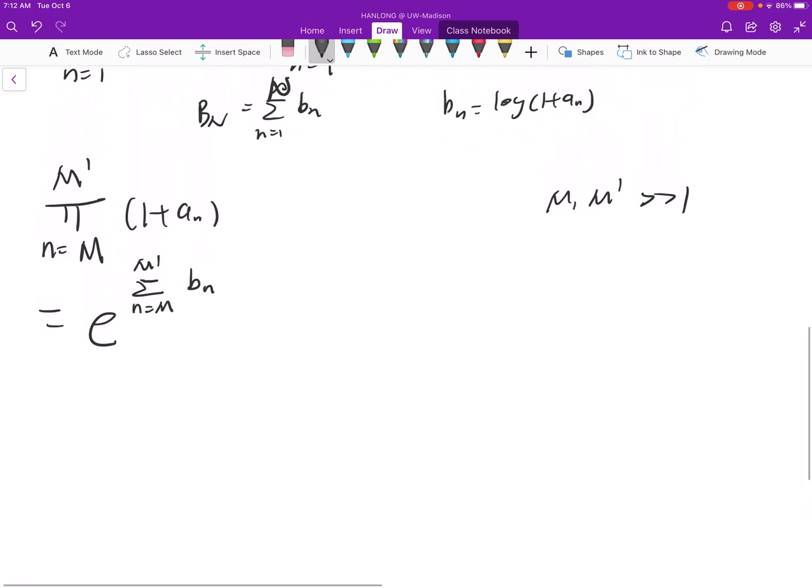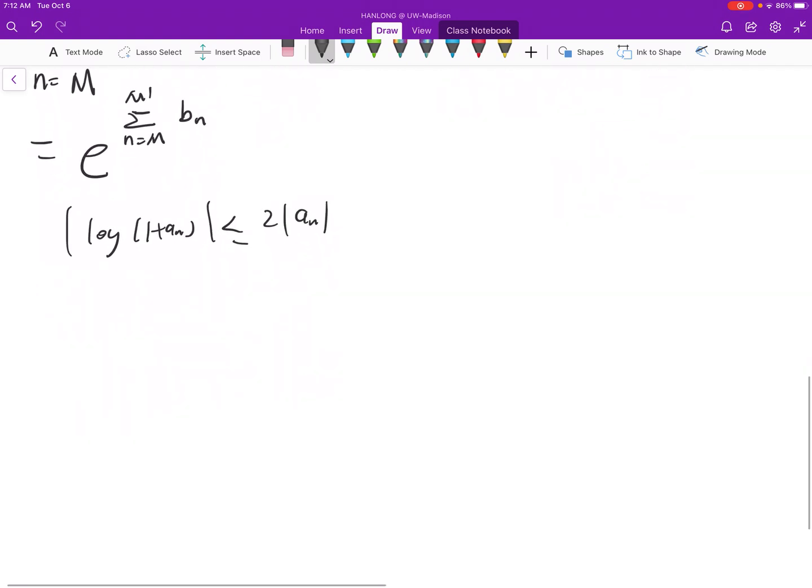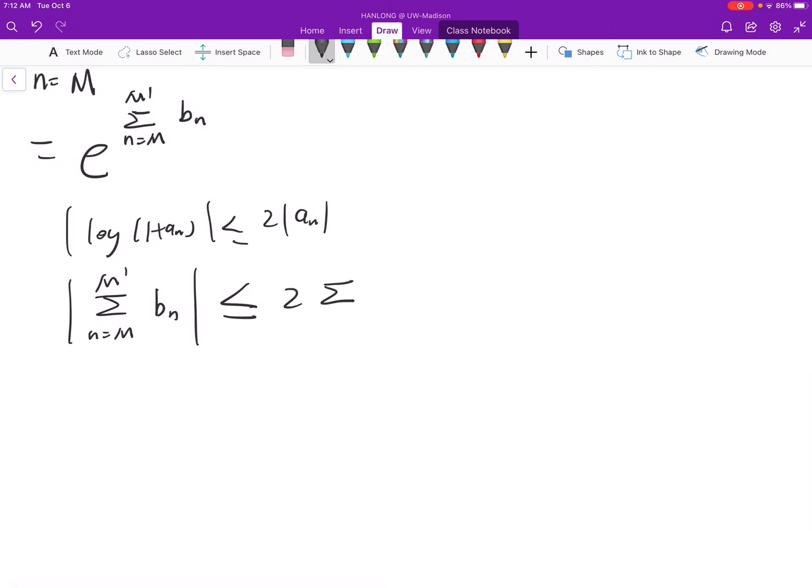Now we note that when n is large enough, the norm of log 1 plus an is less than 2 times the norm of an. So the summation from m to m prime of bn, taking the absolute value, will be less than or equal to 2 times the partial sum from m to m prime.